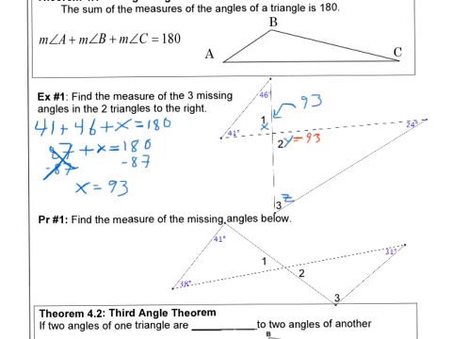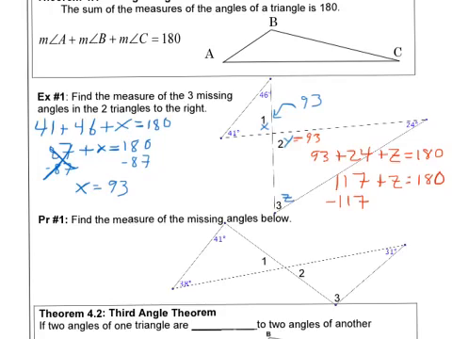All right, if this angle is 93 and this angle is 24, how do I find that one? Well, 93 plus 24 plus that angle down there, we'll call it z, has to add up to 180. 93 plus 24 adds up to 117, plus z equals 180.